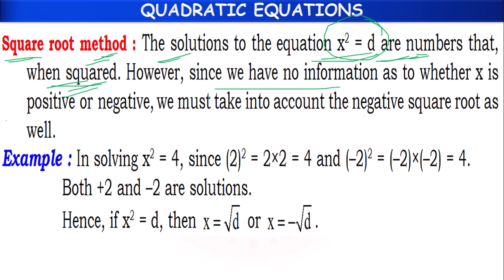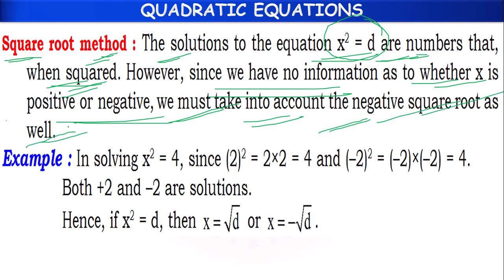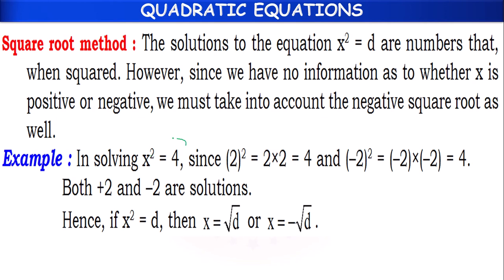But here we have no information whether x is positive or negative. So we must take into account, along with positive, negative square roots also. Let's see one example, children. Suppose we have x square equal to 4.